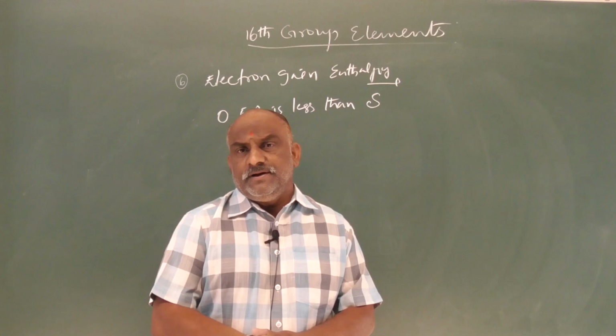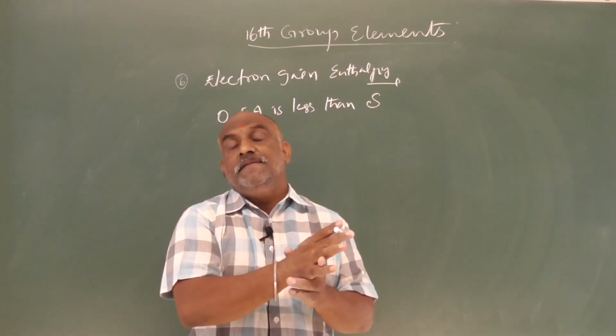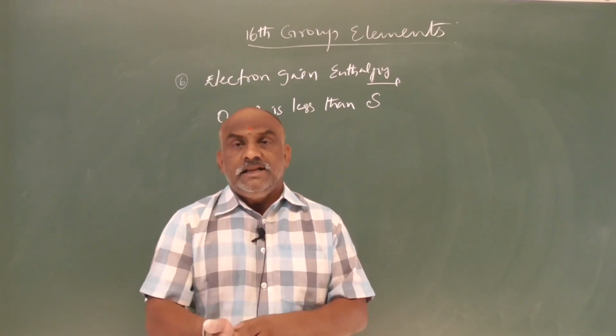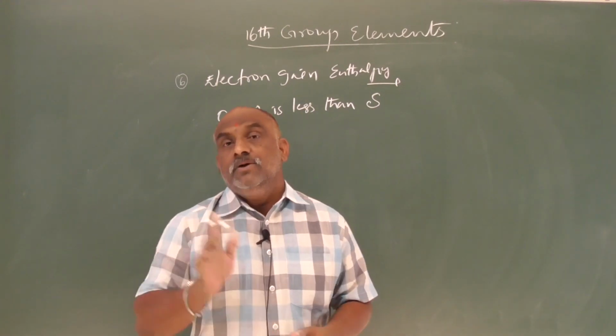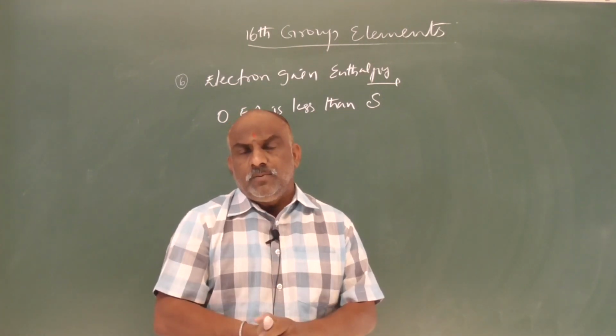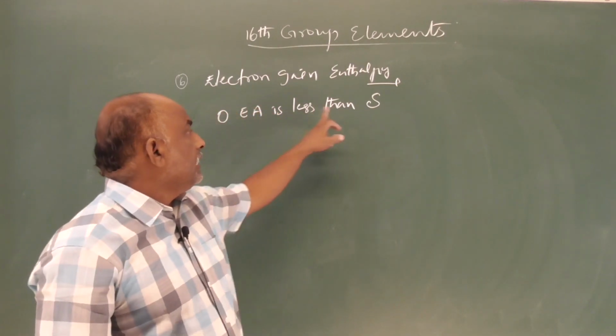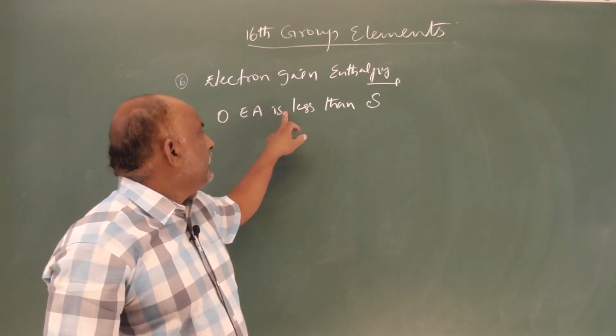Down the group it should go oxygen, then sulfur, selenium, tellurium, and last polonium, with electron gain enthalpy decreasing, but instead, as an irregular trend, oxygen's electron gain enthalpy is less than sulfur.